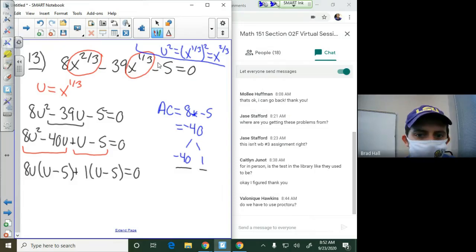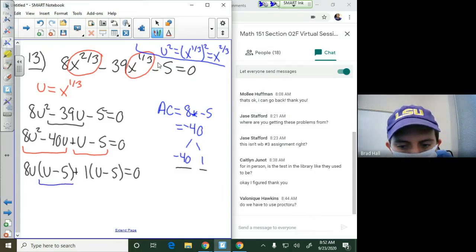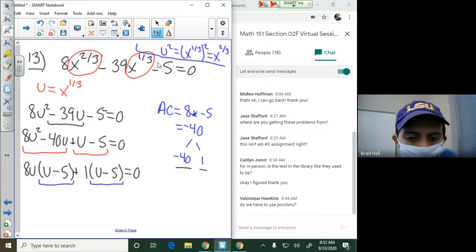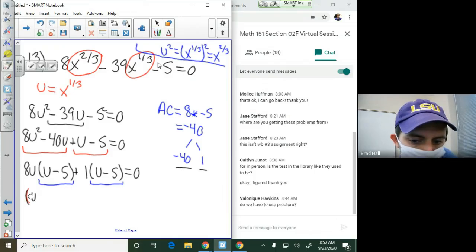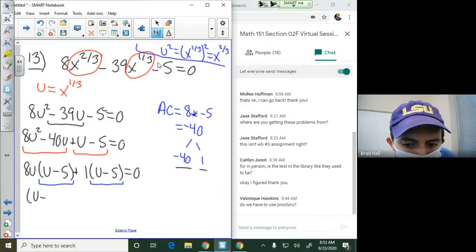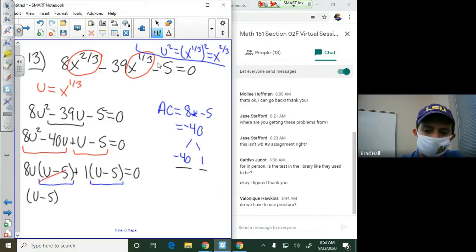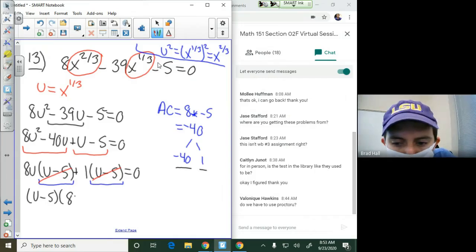And then from here, we see the pattern. So we know what to factor out. And once we factor that out, we're left with 8u plus 1 is equal to 0.